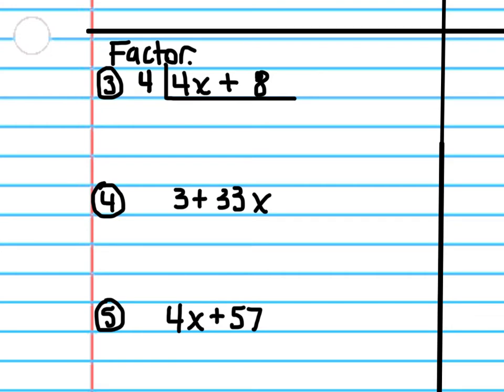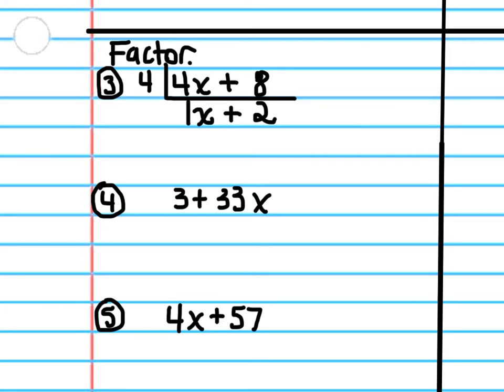So when I divide a 4 from 4x, we're going to get a 1x or just x. And then I bring down the plus sign, and I'm going to divide out a 4 from 8, and it's going to become a 2. Now I have this 1x plus 2.